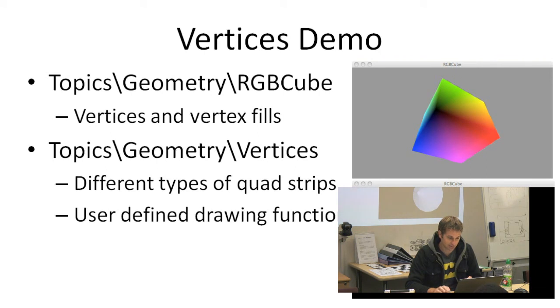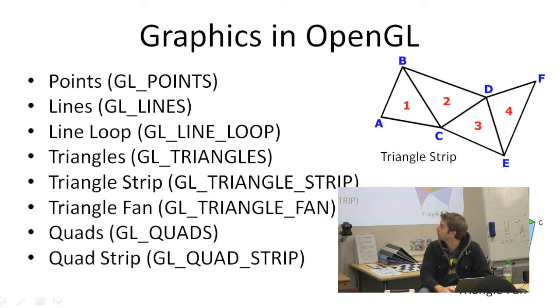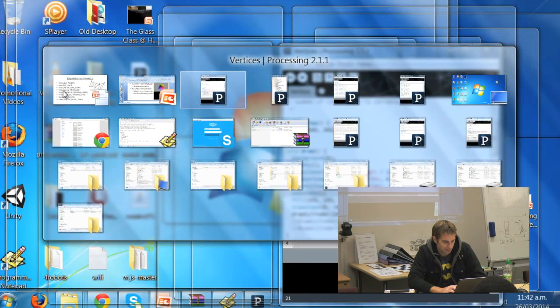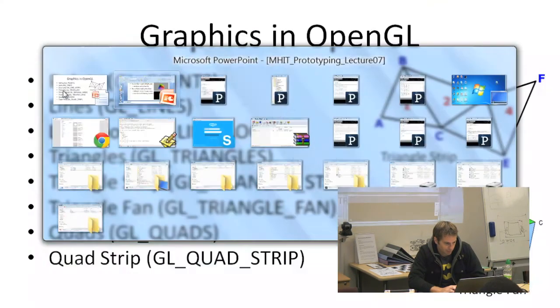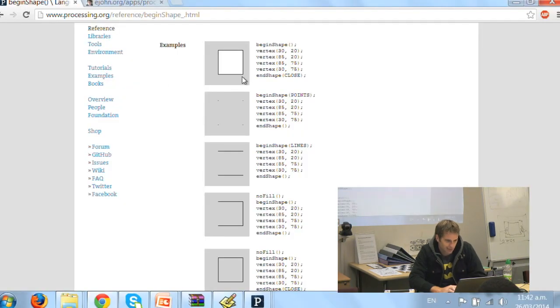So that's RGB cubes, and so that basically shows you how to do vertices, quads, make it nice and colored. This one is showing us how quad strips work, how triangle fans work, and we've already looked at this briefly, but actually I might just, what was it, processing, has all these things as well.